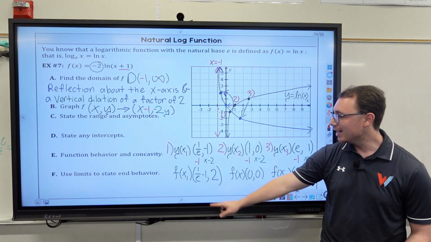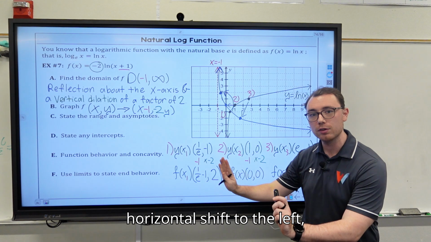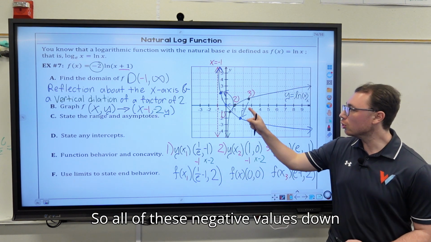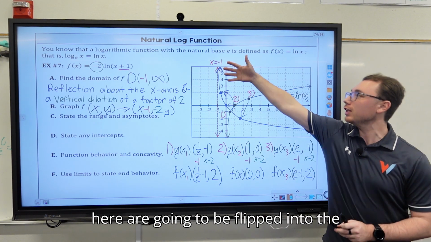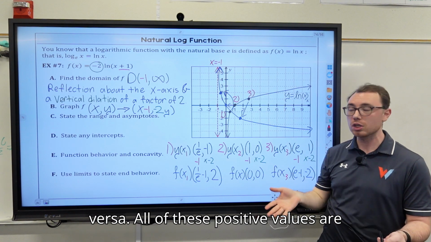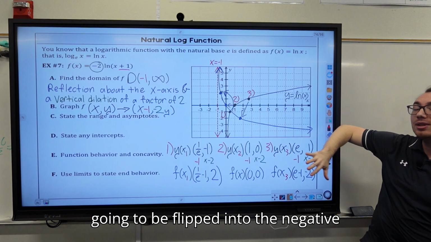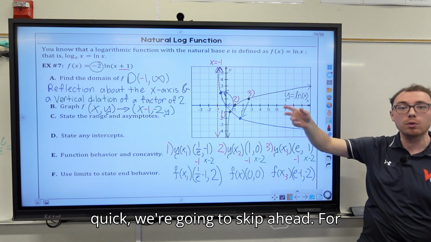And we get 1 over e minus 1, that horizontal shift to the left, comma positive 2. So all of these negative values down here are going to be flipped into the positive realm of our graph, and vice versa. All of these positive values are going to be flipped into the negative realm. We take a look at point 3 real quick. We're going to skip ahead.